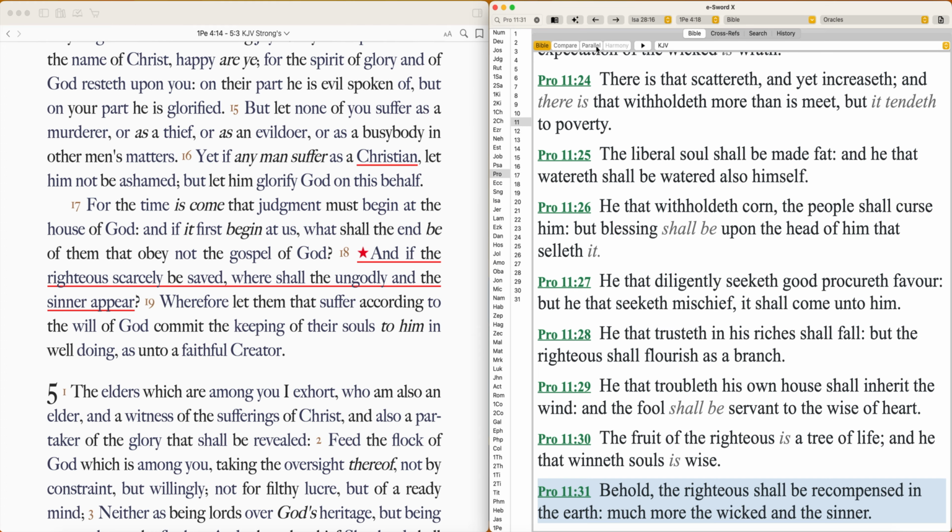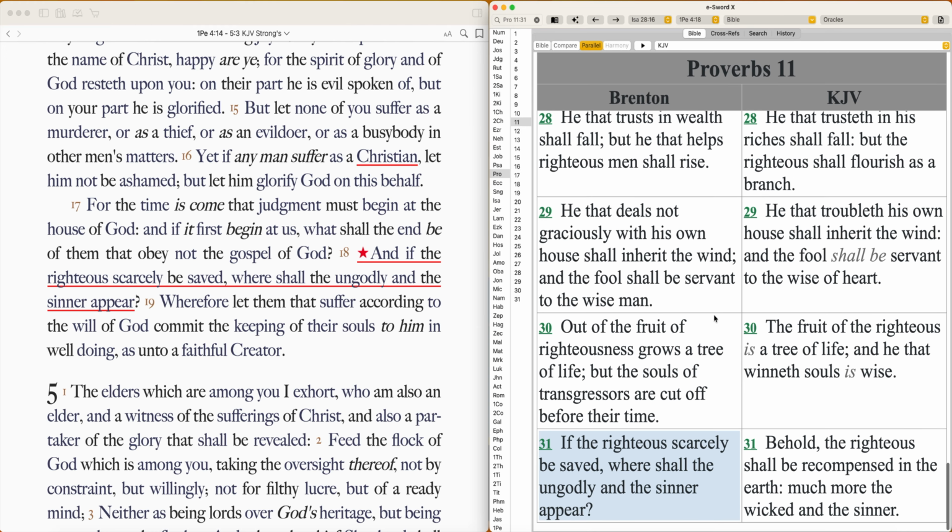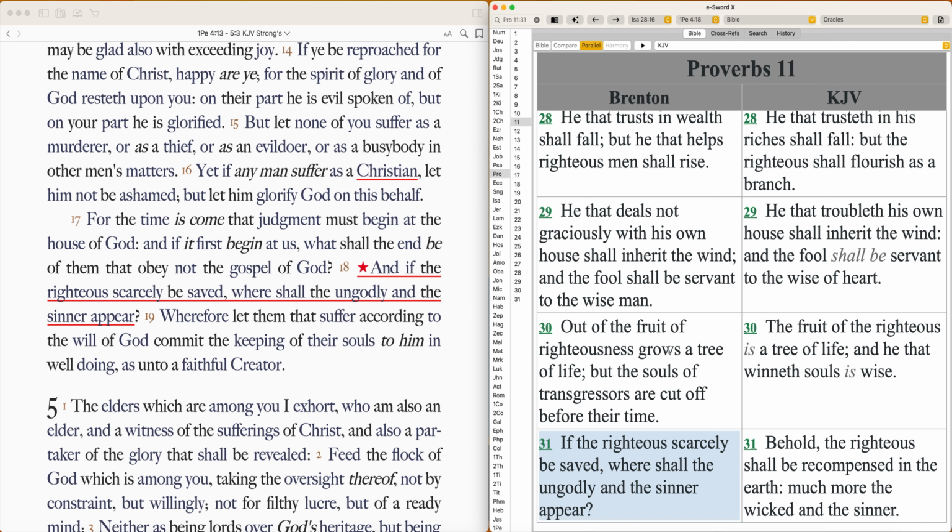Let's look at that in the Greek Septuagint: "If the righteous scarcely be saved, where shall the ungodly and the sinner appear?" That's a direct quote from the Greek Septuagint and not from the Masoretic text. That's directly quoted. But interesting, look at the verse before it.